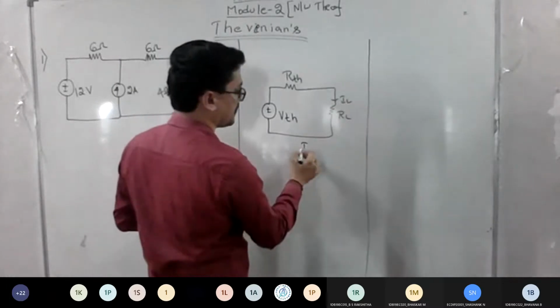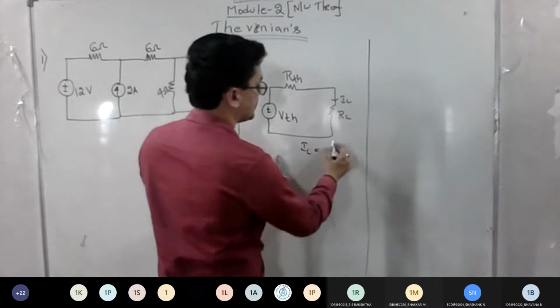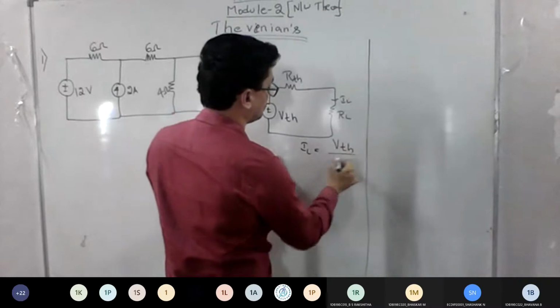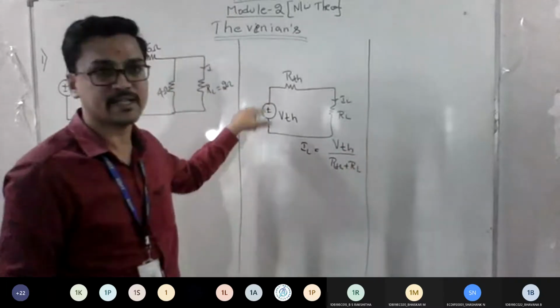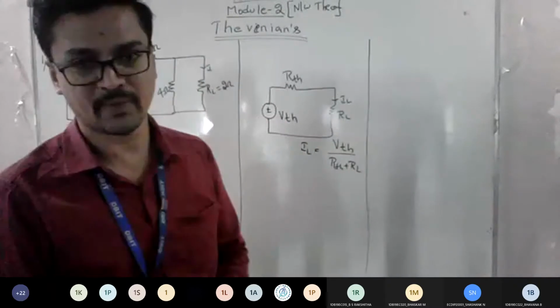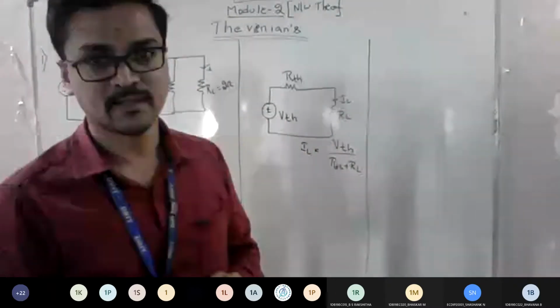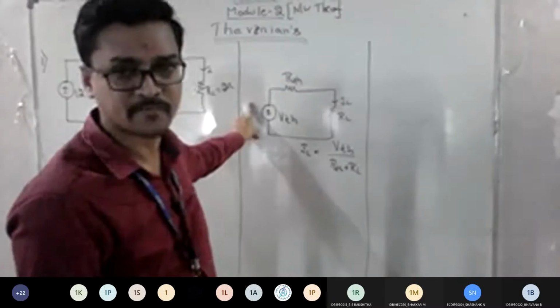From this, what should we find? We should find I equals V by R. So if we are able to get the answers of VTH and RTH, we get the answer for the current. Am I clear? So this is the Thevenin.